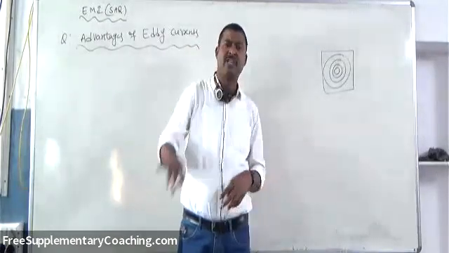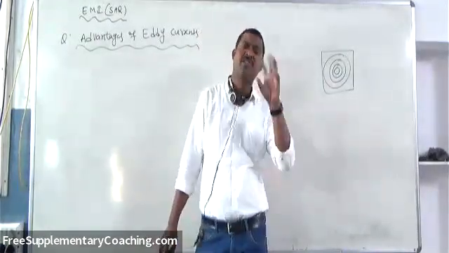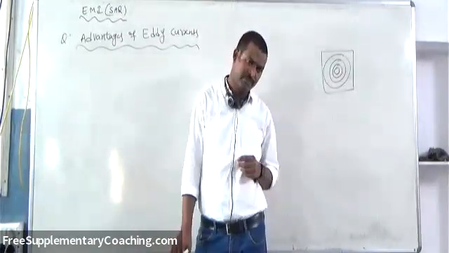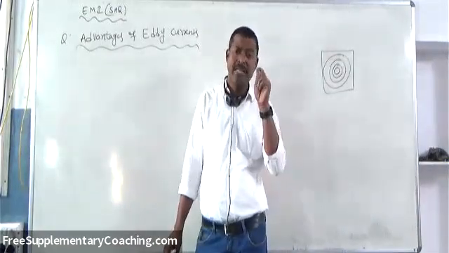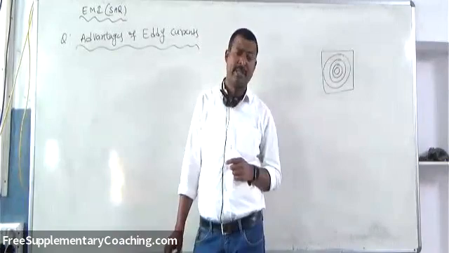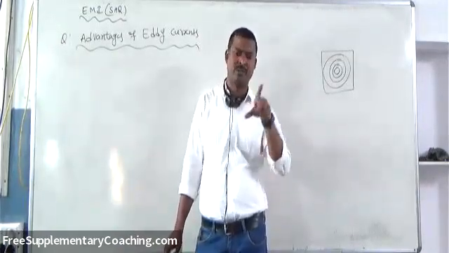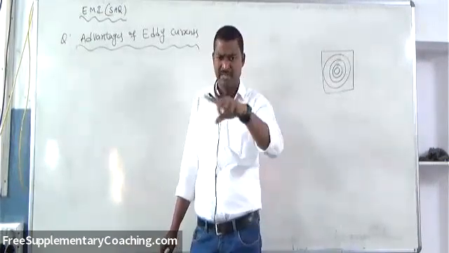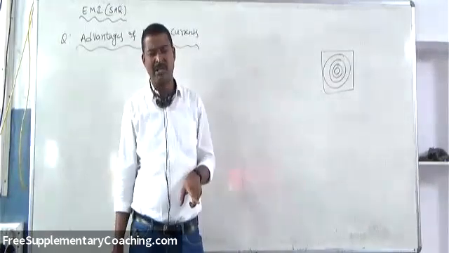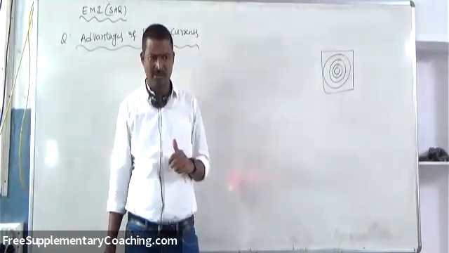This kind of decrease in the amplitude of an oscillating body, we call damping. In electromagnetic damping also we can use eddy current, especially in a galvanometer, where the needle oscillates here and here. To bring the needle to rest rapidly, we use the eddy current concept.